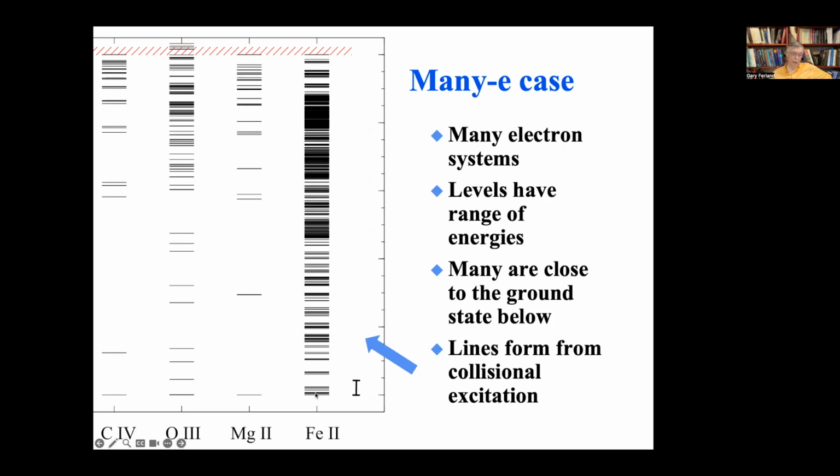An electron hits the ion and gives its kinetic energy to the ion. That energy is used to move the orbiting electron up, and then later on it emits a photon. That's said to be cooling the gas, because kinetic energy was used to promote the electron, and then it makes light that freely escapes.